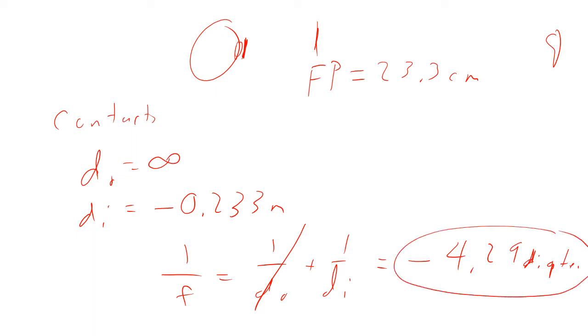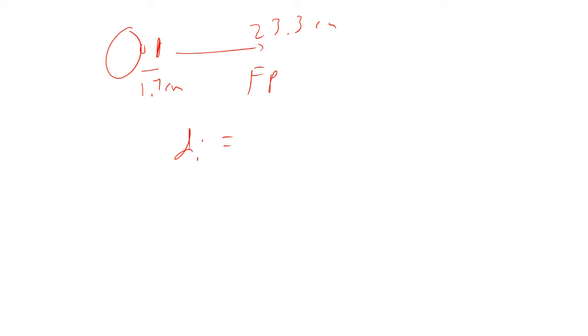Okay. But this person's a little bit different. For this person, if their far point is 23.3 centimeters and they're wearing glasses that are 1.7 centimeters away, that means the image distance is not going to be 23.3 centimeters. The image distance is going to be minus 21.8 centimeters.